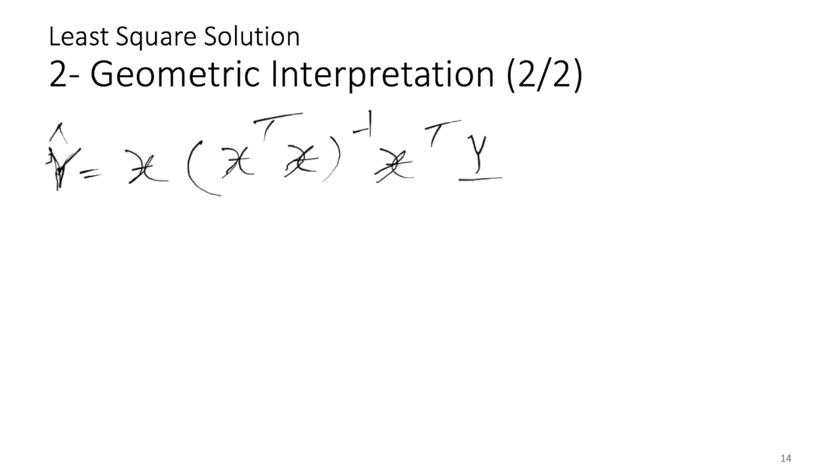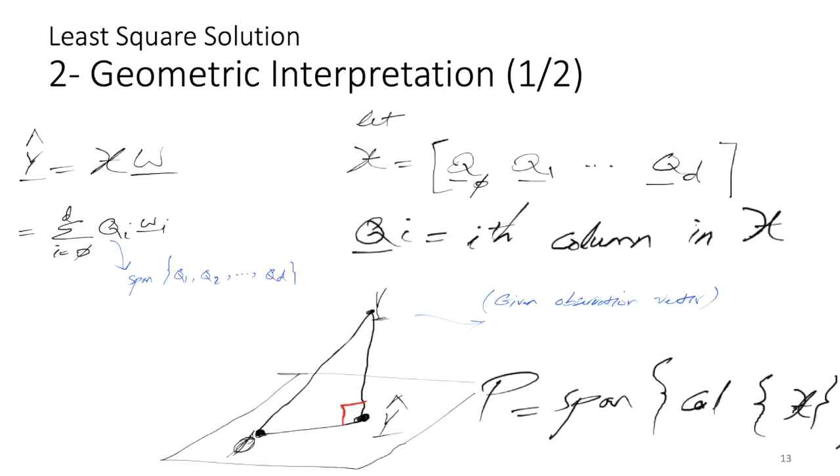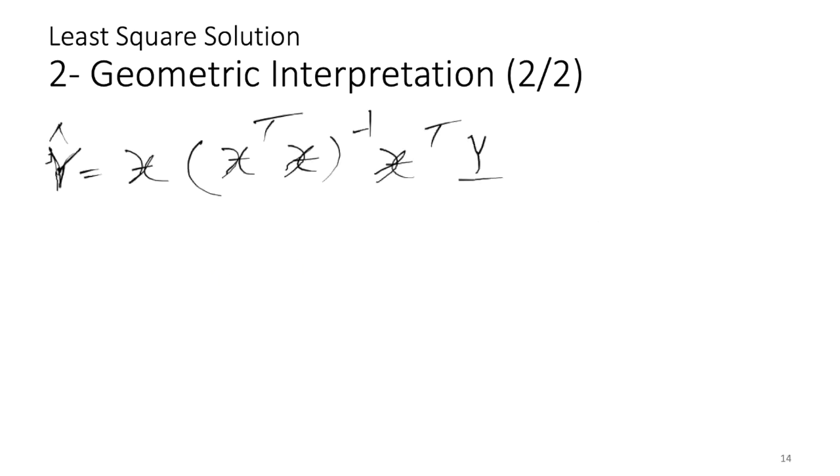All right. So that's just, as I mentioned, as if you project your y onto the subspace P, and this X dagger presents that. So this amount would be the projection matrix.